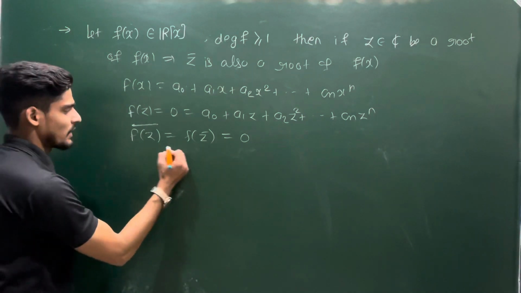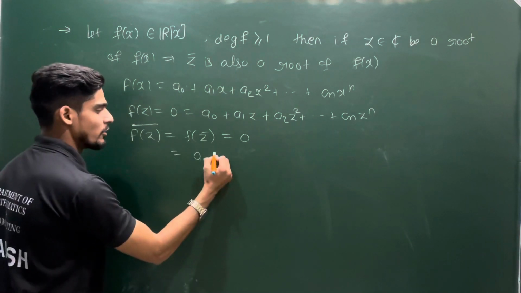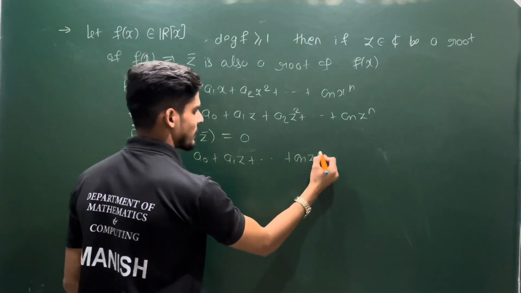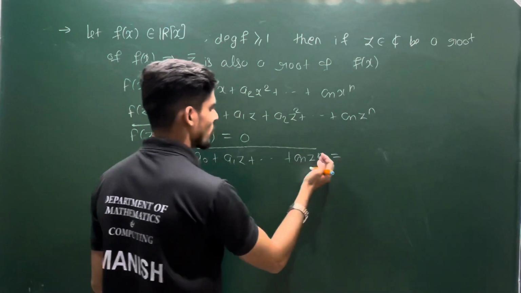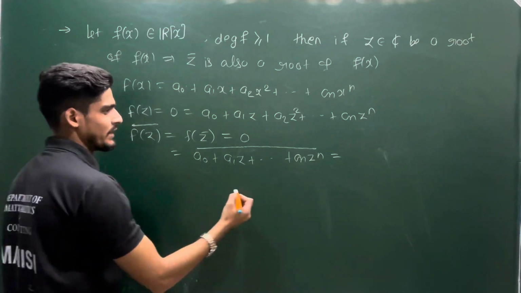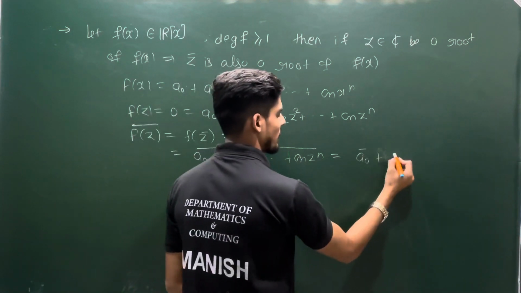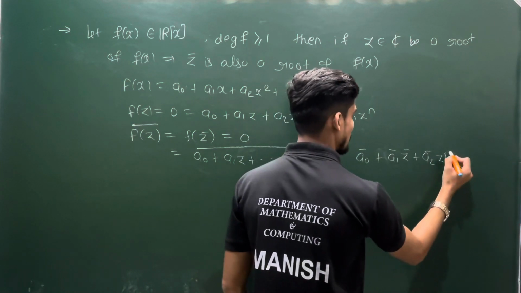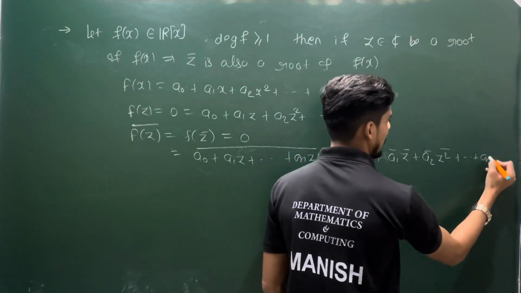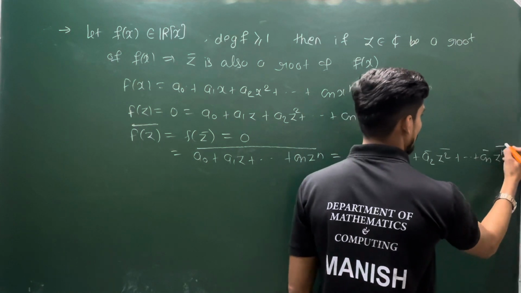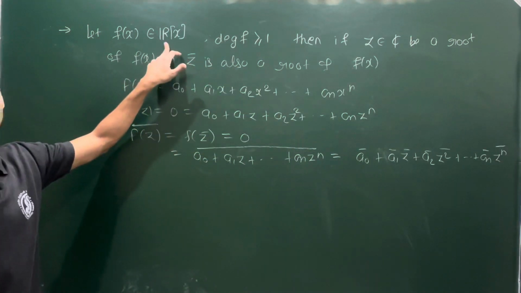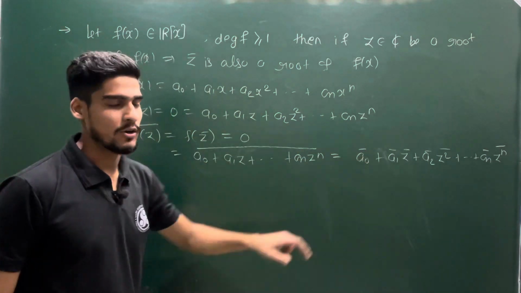See how? f(z) whole bar will be a0 plus a1z plus up to an z power n, whole conjugate. I can take the conjugate separately, so it will be a0 bar plus a1 bar z bar plus a2 bar z square bar plus up to an bar z power n bar. Now my coefficients are coming from the real field, so a0 bar will be the same as a0.